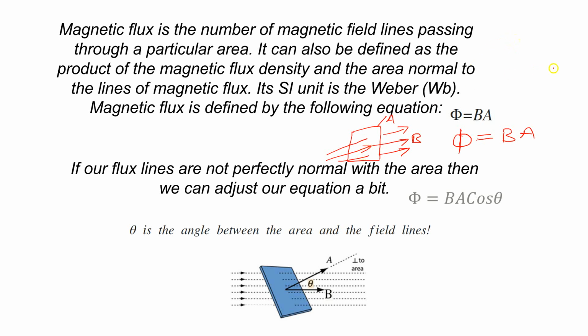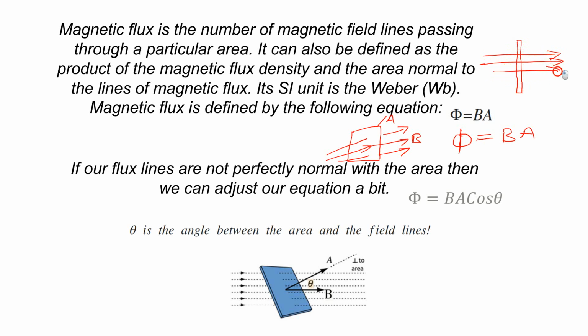So what I drew here is not completely accurate. Imagine that this is the area of material, from a side view, and you have these field lines passing through it.